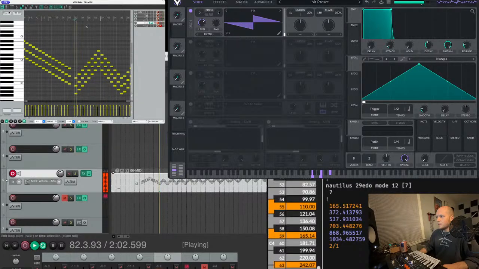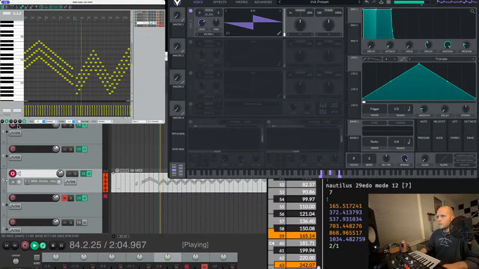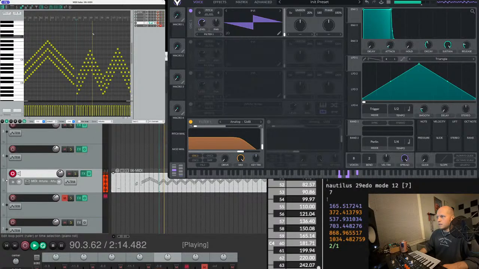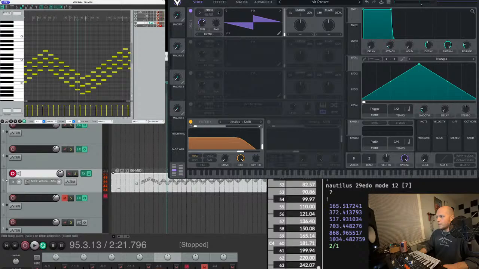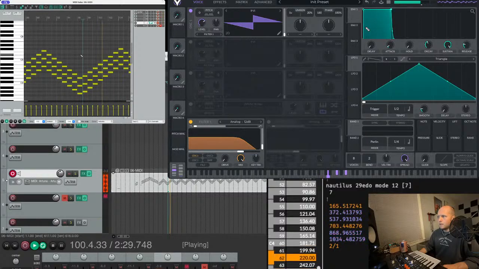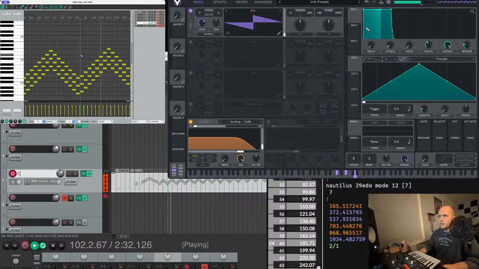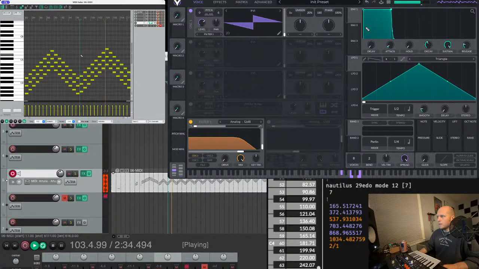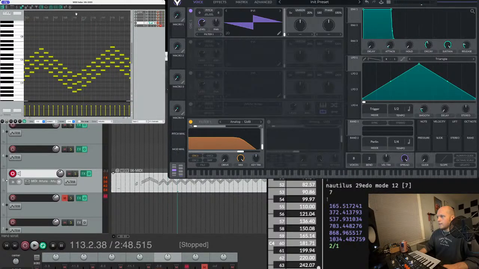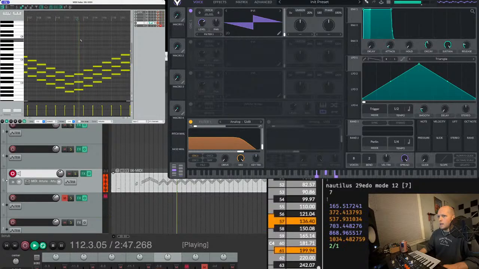Put a little filter on this. So that's one mode. And then the second mode. And these are just triads of that 7 note scale.